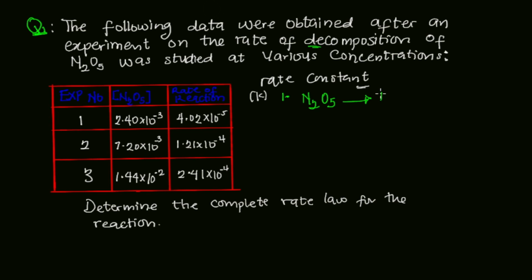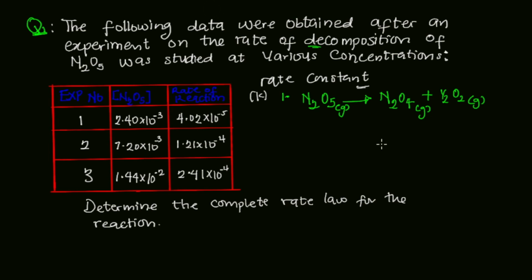Then you're going to have N2O4 as the product, plus 1/2 O2. These are the products, and this should be in gaseous state, and this as well, and this as well. So they all have the same state. In that scenario, we say it is a homogeneous chemical reaction, because everything occurs in the same state.